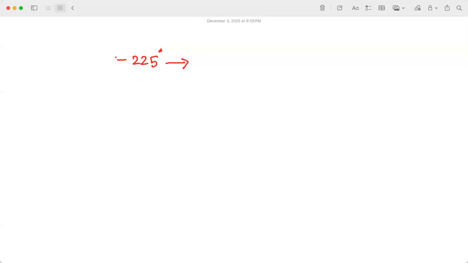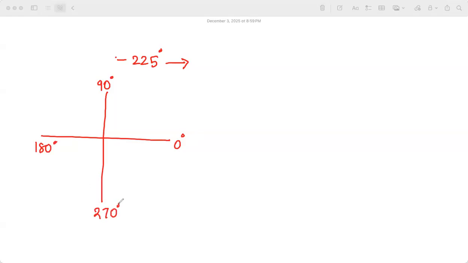I'm not going to. I have not yet gone to radians. So this is 0 degrees, this is 180 degrees, this is 270 degrees. Now for negative: this is 0, 90 degrees, minus 180 degrees, minus 270 degrees. So negative 225 degrees comes in which quadrant?